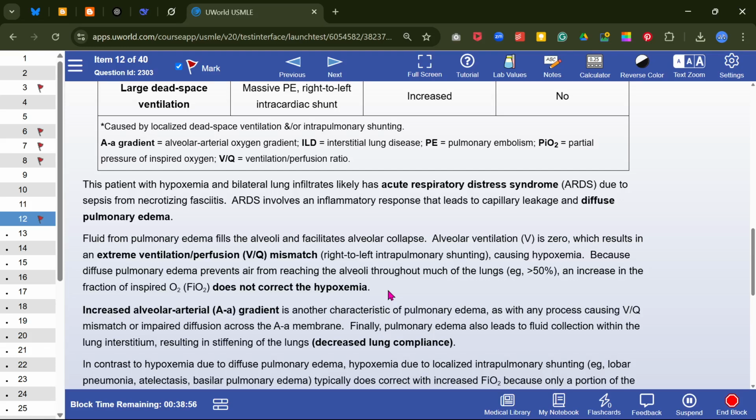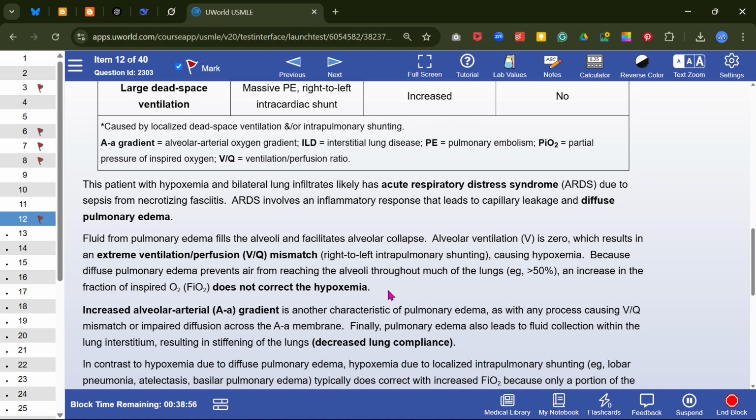Because diffuse pulmonary edema prevents air from reaching the alveoli throughout much of the lungs, more than 50%, an increase in the FiO2 does not correct the hypoxemia.